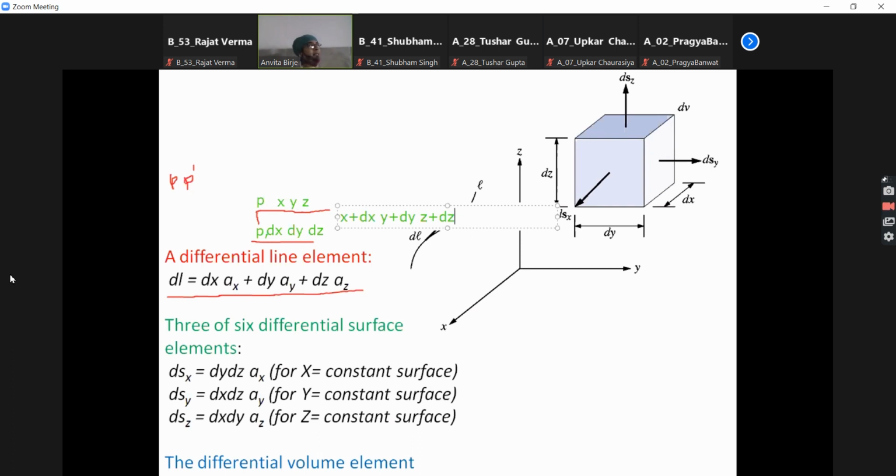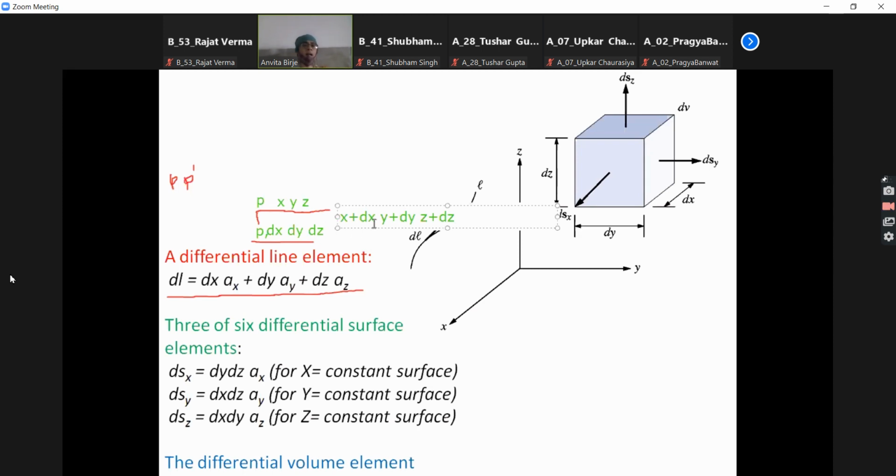So x, y, z becomes x plus dx, y plus dy and z plus dz. For example, suppose P is 1 2 3 and P dash becomes 4 5 6. So I have increased 1 2 3 by some amount so that I get 4 5 6. So 1 becomes 4, so I have increased it by 3, so this will be 1 plus 3.